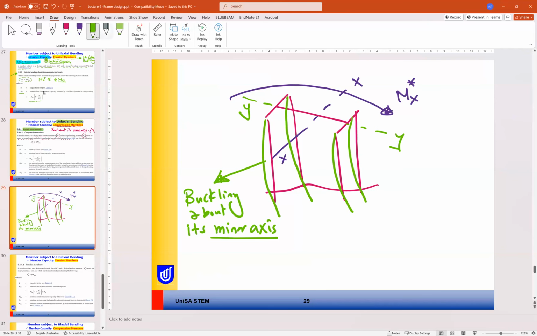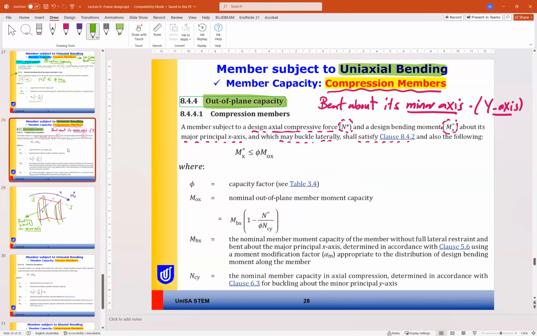So here in this case, we are considering the buckling or the bend about its minor axis. In this case, the formula is Mx* should be less than or equal to phi Mox, where phi, again, is 0.9, and Mox is the nominal out of plane member moment capacity.